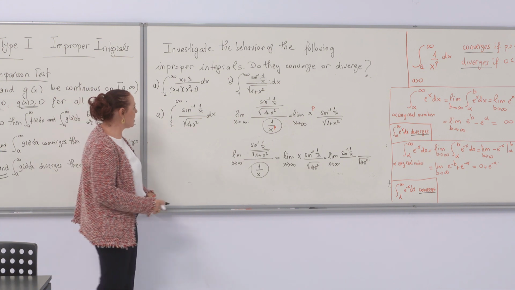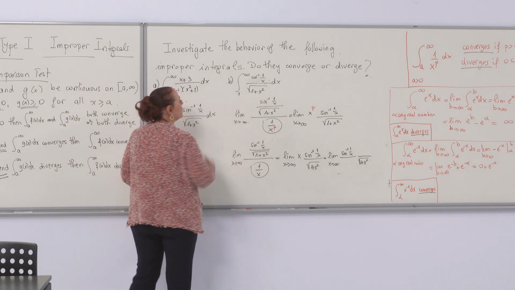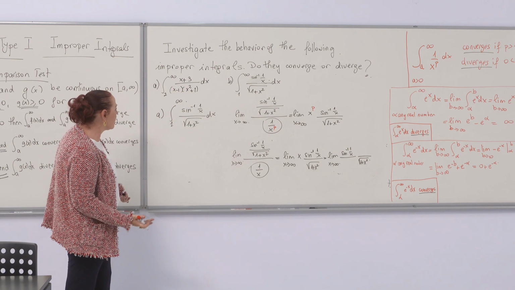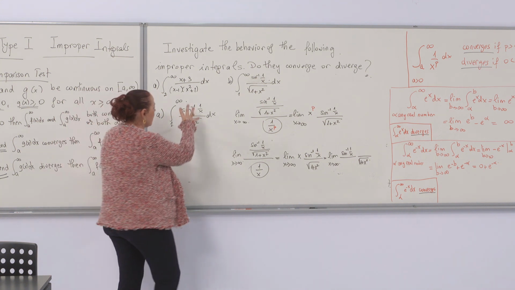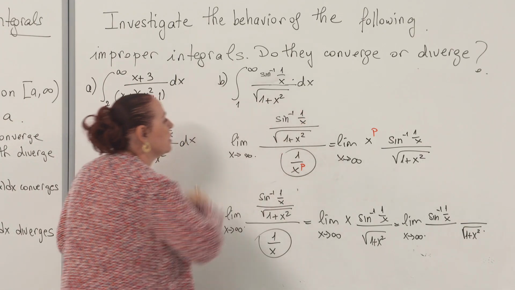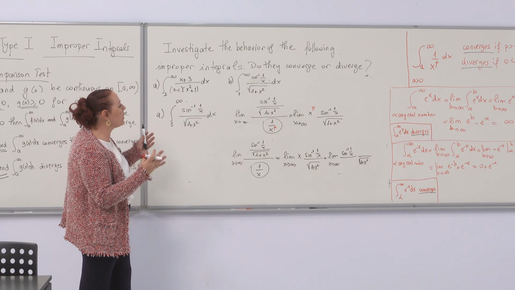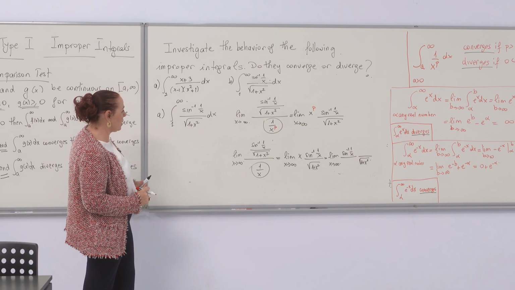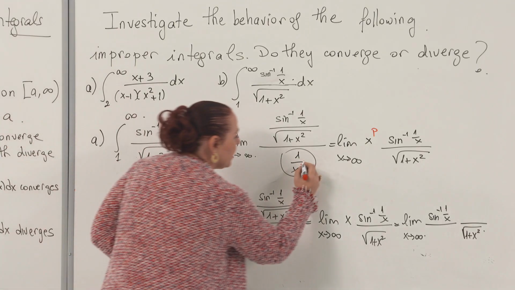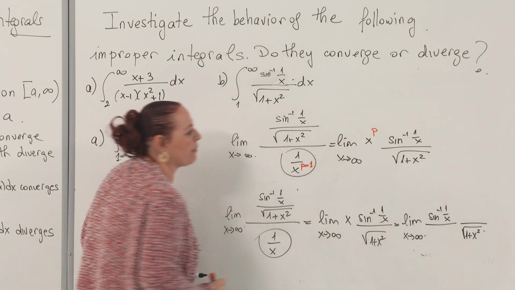Now let's consider this second example. We're going to use the limit comparison test, so that's why I write the given integrand in the numerator. I'm going to show you how we do trial and error. My first trial is to put 1.